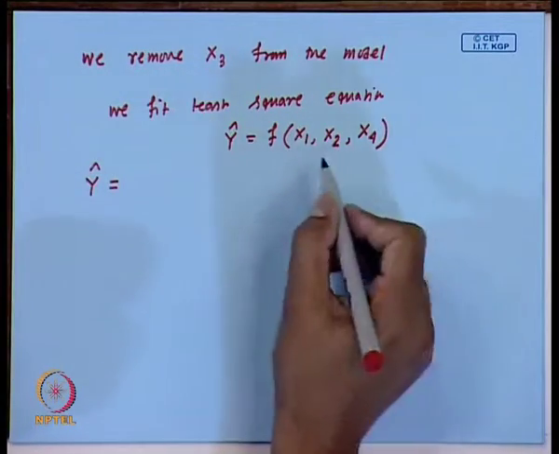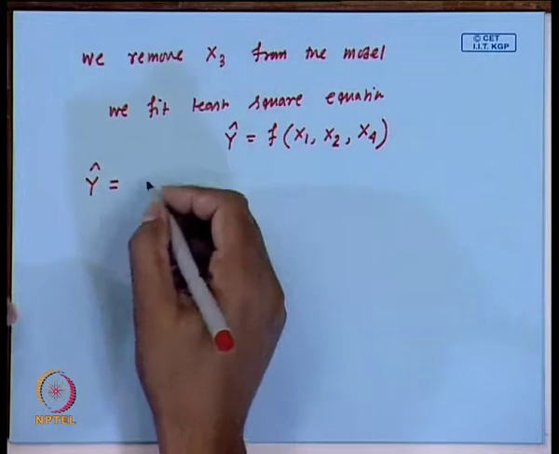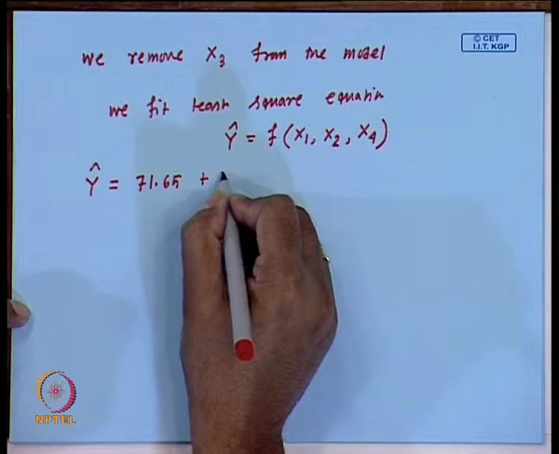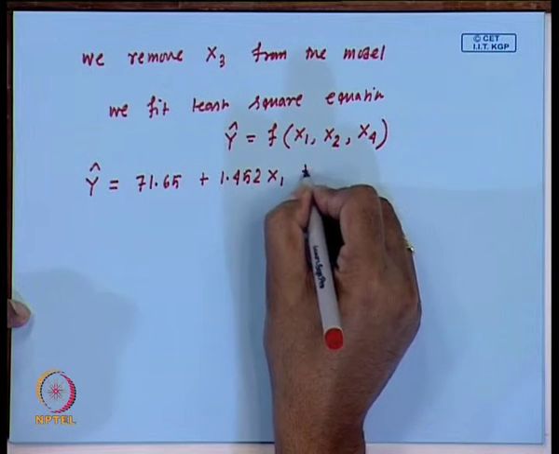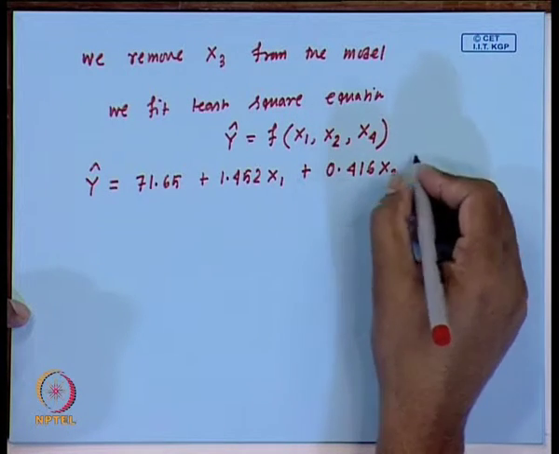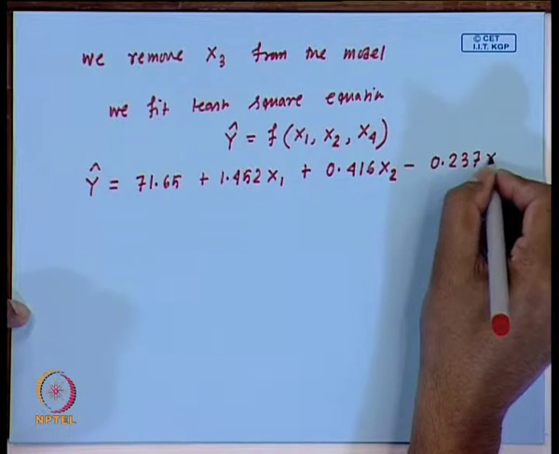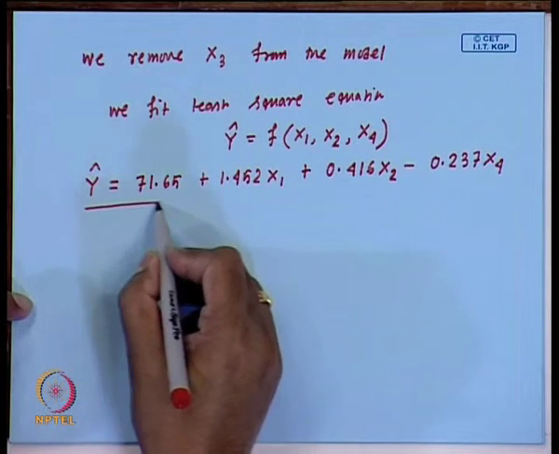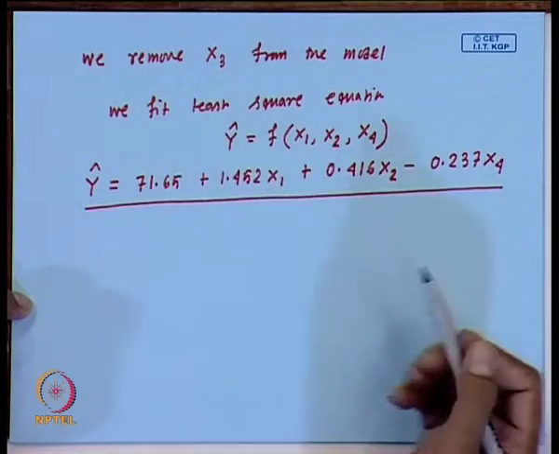So, you know how to fit multiple linear regression between y and x1, x2, x4, that is 71.65 plus 1.452 x1 plus 0.416 x2 minus 0.237 x4, right. So, this is the model after removing x3 from the full model.